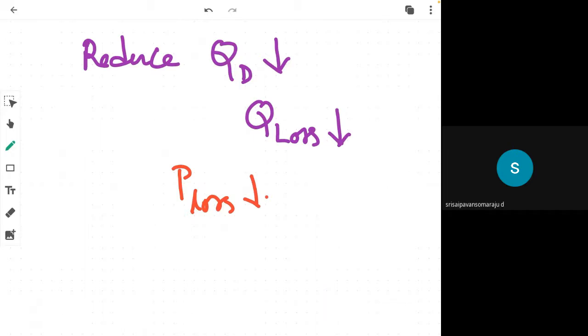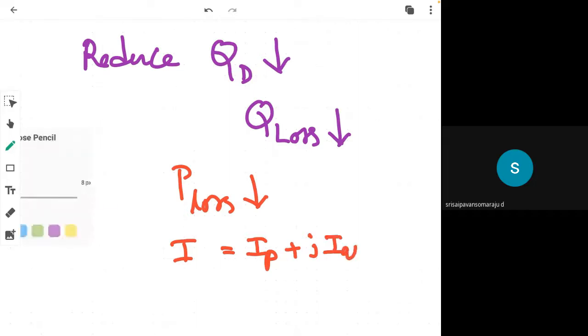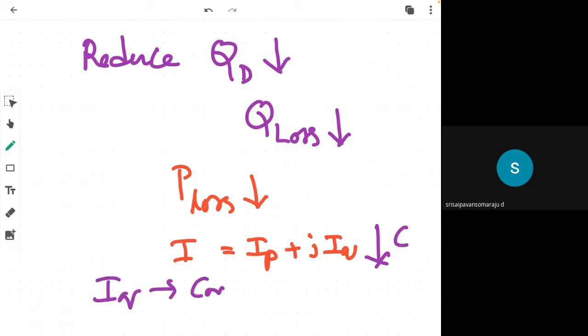Why? Because the current I has IP plus J IQ. This IQ can be decreased due to the compensator, and hence the total current of the system can be decreased.